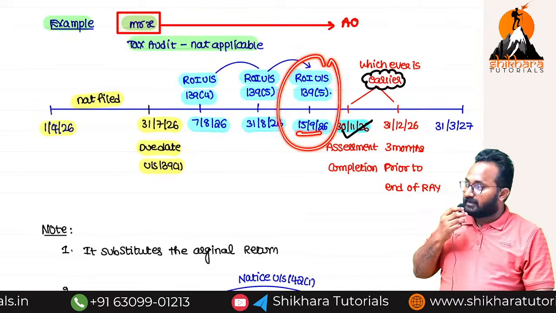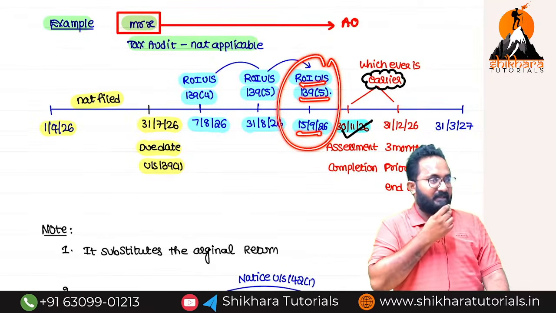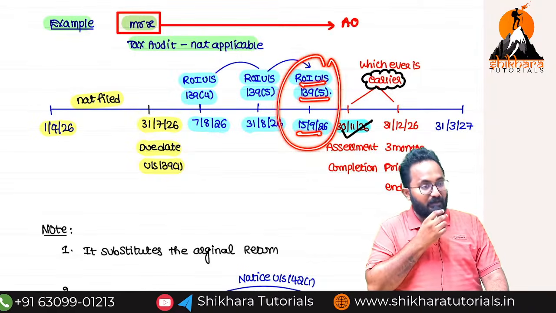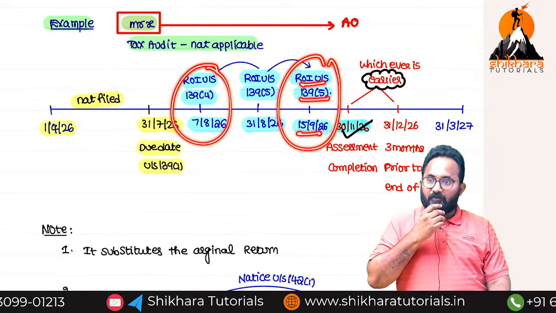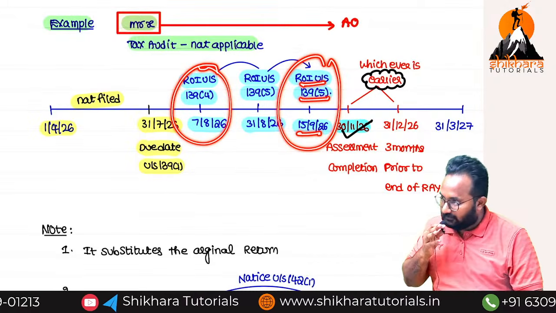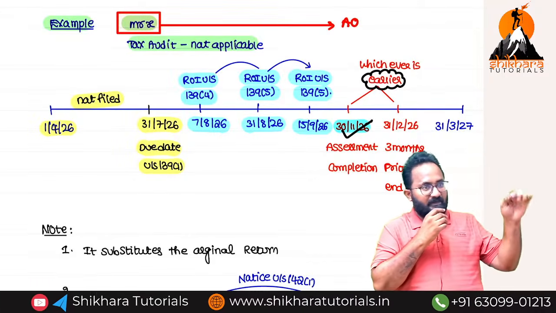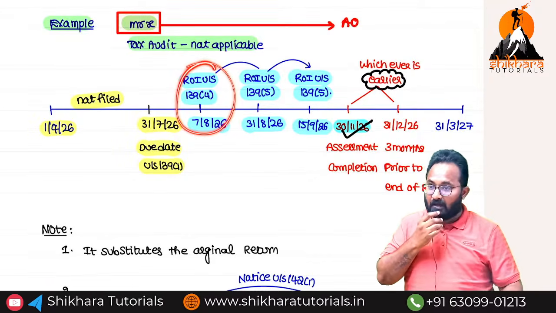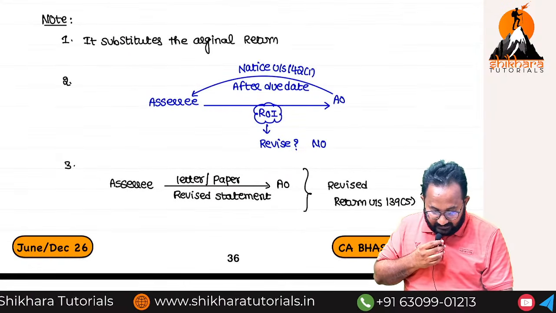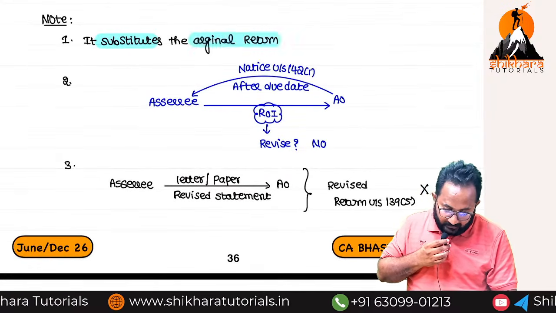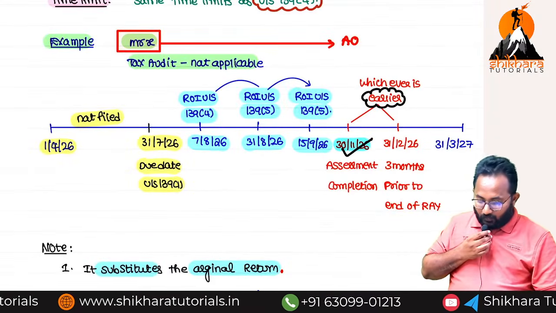Yes, that is the return revised by the SSC on 15/9/2026. That is the final one. Sir, originally we filed this return. Even though you filed the original return also, if you file the revised return, that revised return will replace the original return. It substitutes the original return.